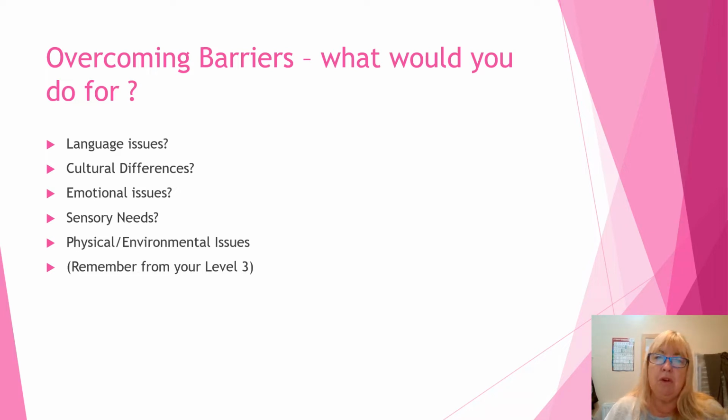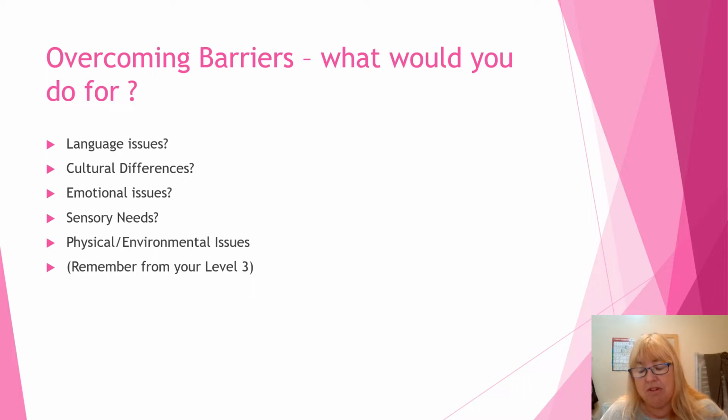So those of you who've done level 3, we have addressed this in level 3 communication. So I know you've got quite a good idea of what some barriers are and how you might overcome them. So before we go on, maybe you can stop and give it some thought and refresh your ideas on some of these main areas.